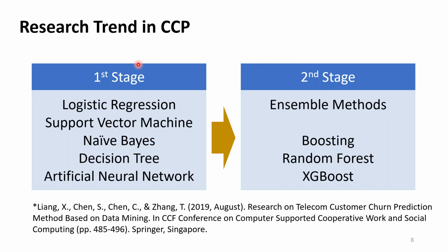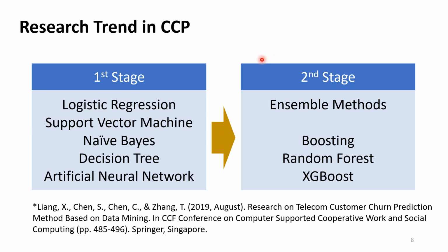In the first stage, the commonly used methods are traditional classification techniques, such as logistic regression, support vector machine, naive Bayes, decision tree, and artificial neural network. Some of these studies showed differences in prediction power among traditional machine learning methods. Specifically, previous studies showed relative superiority of support vector machine in customer churn prediction.